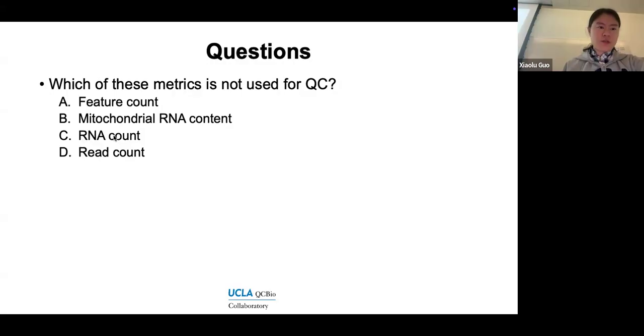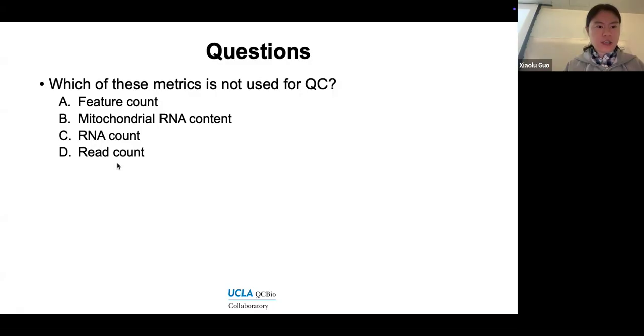And yes, we also use that for quality control. Similar to A, if there is zero UMI count, it could be an empty droplet or a bad cell. And if it's too much RNA count, it could be a doublet or multiplet. We also want to exclude those from our analysis.